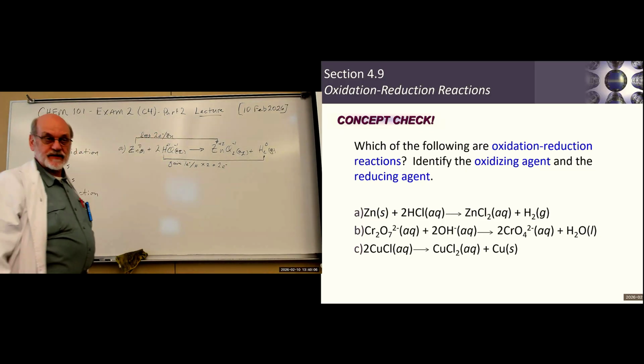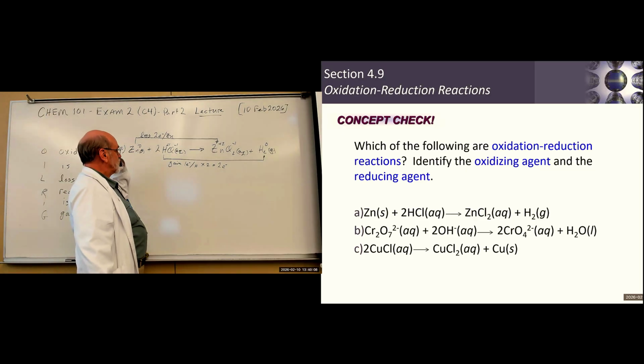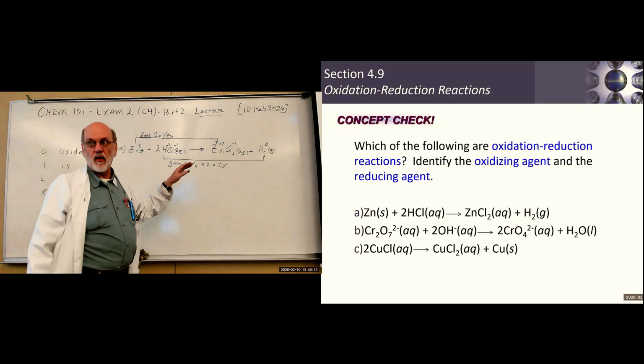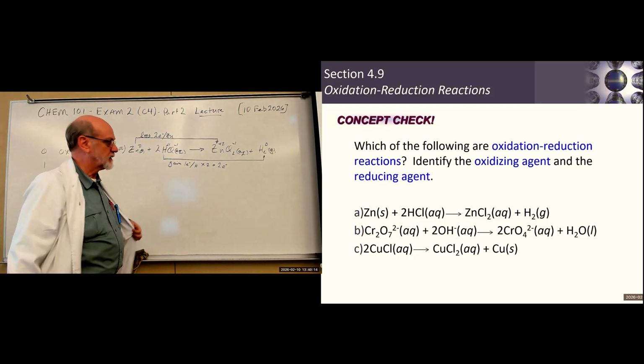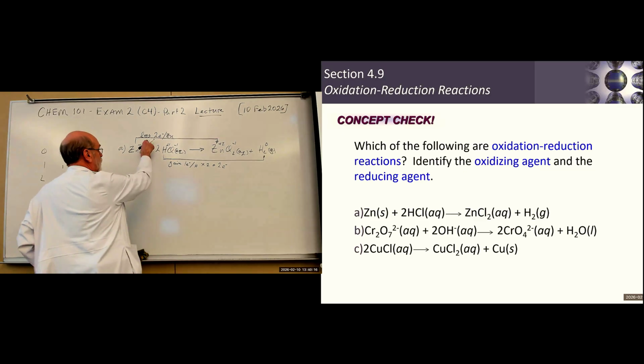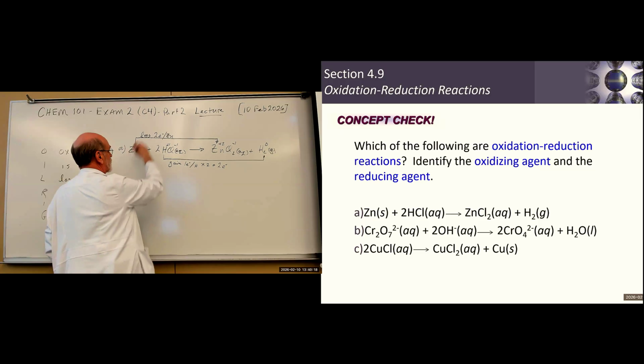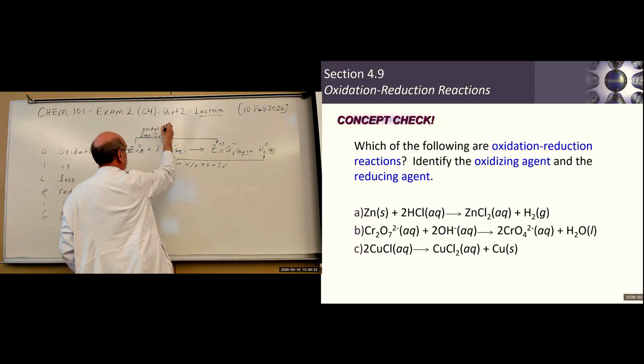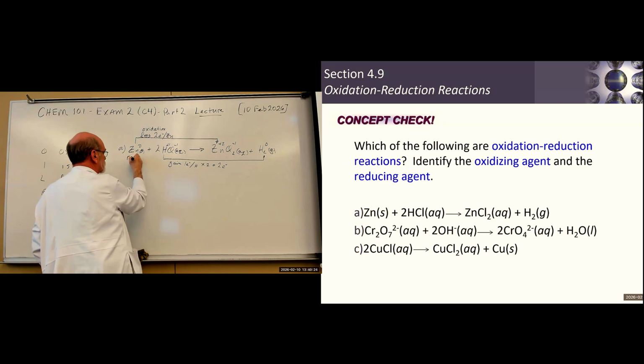That's another thing. The number of electrons lost must equal the number gained. Always. No exceptions. So this one, a loss of electrons, is oxidation. That makes this one the reducing agent.